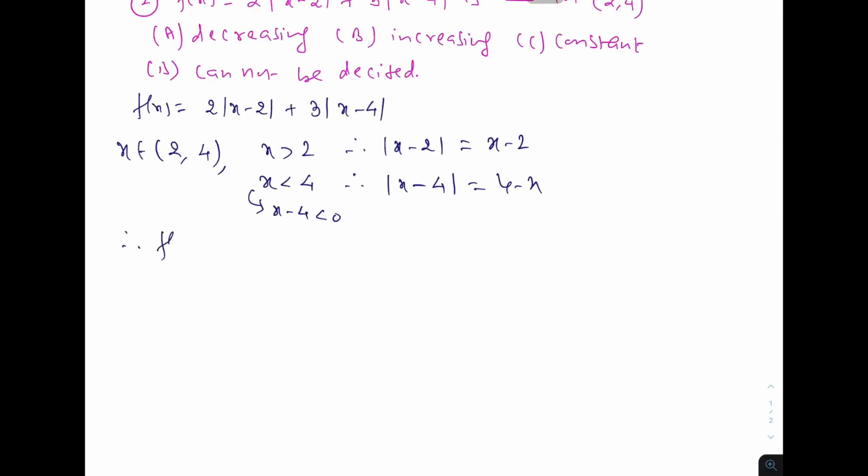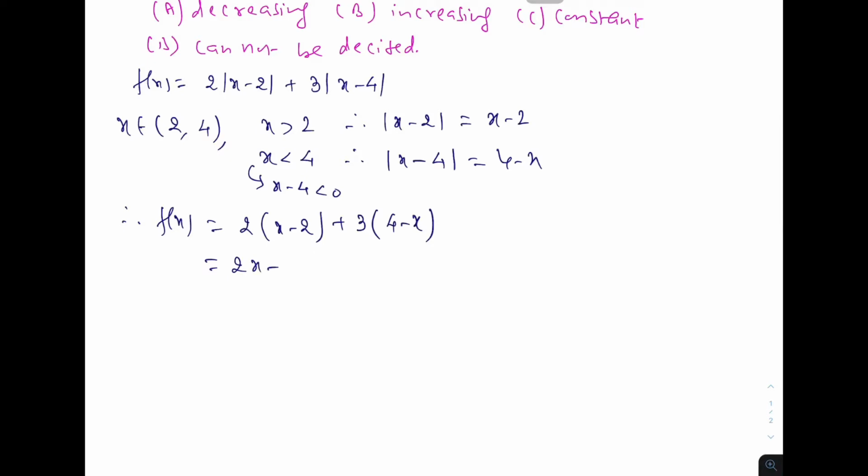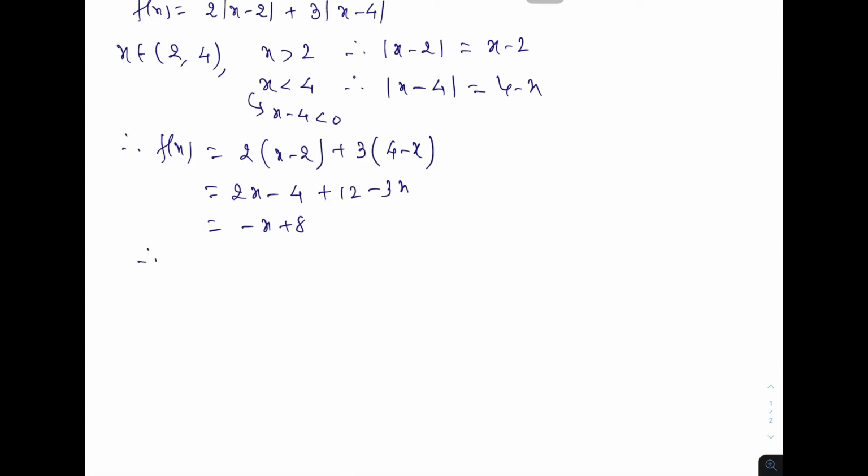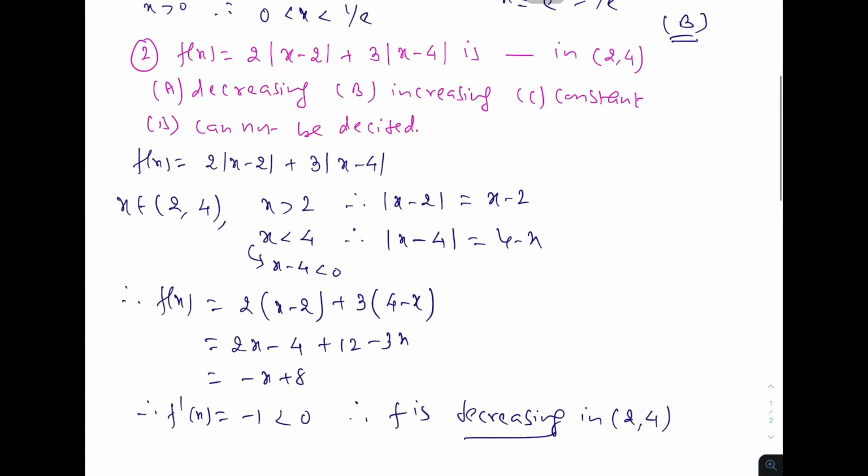Therefore f(x) equal to 2(x minus 2) plus 3(4 minus x). So that is 2x minus 4 plus 12 minus 3x, that is minus x plus 8, and therefore f dash x is minus 1, less than 0, and therefore f is decreasing in the interval 2 to 4. So the answer is decreasing.